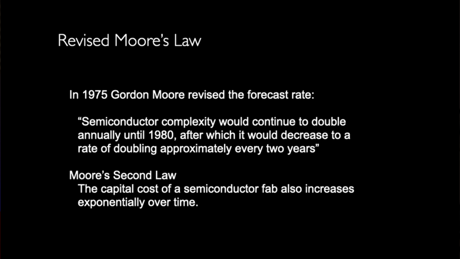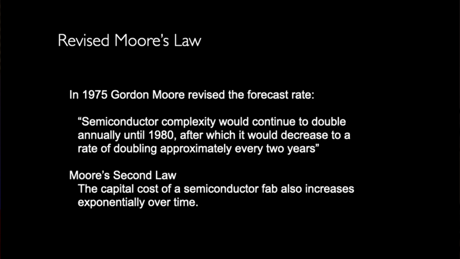In 1975, at the IEEE International Electron Devices meeting, Gordon Moore revised the forecast rate based on what had happened. He said the semiconductor complexity would continue to double annually until 1980, after which it would decrease to a rate of doubling approximately every 2 years.